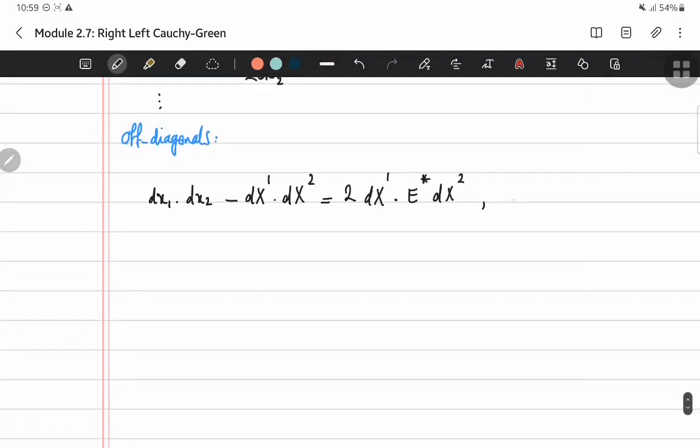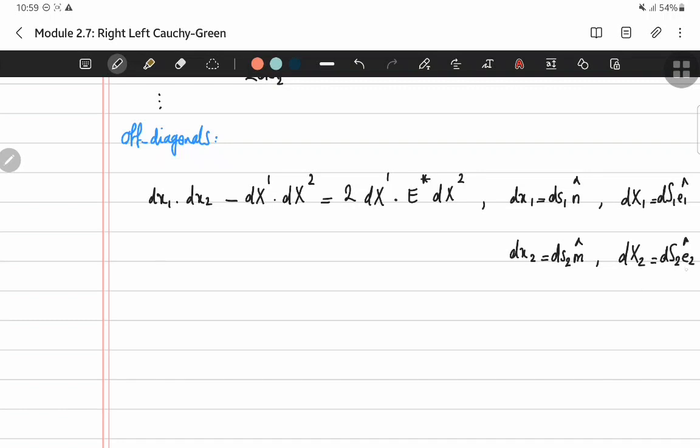Here we have d small x1 equal to ds1 n, and d small x2 equal to d small s2 m, and d capital X1 equal to d capital S1 E1, and d capital X2 equal to d capital S2 E2.